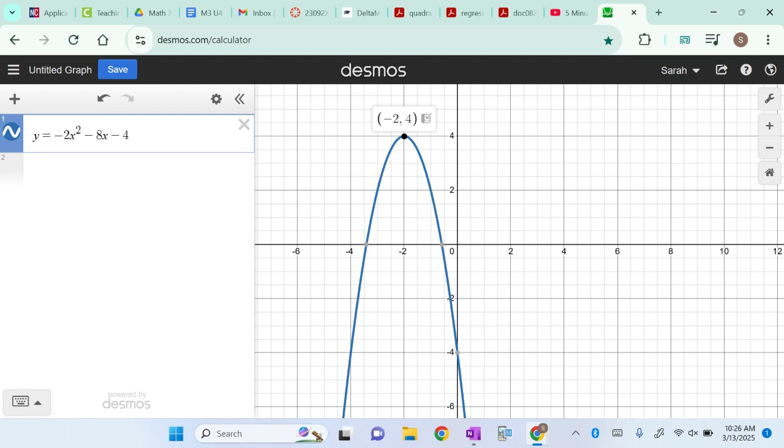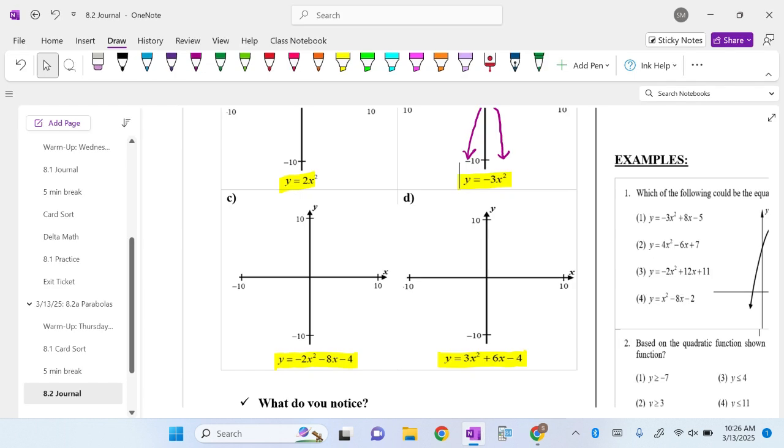It crosses through the x-axis twice on the left side of the y-axis, and those points are not pretty, so we're not going to try to graph them. Y-intercept at 0, negative 4. Let's make a quick sketch of that. The vertex of this graph would be about right here, its y-intercept about right here, and it crosses the x-axis about here and here. So our graph would look like this. It opens downward, and that's what it looks like.